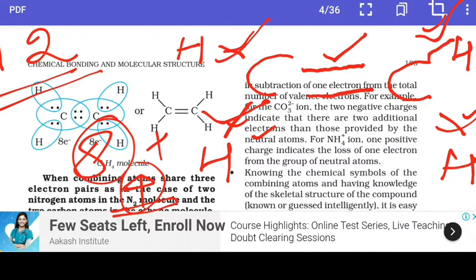There are 6 bonds, and each bond is formed by 2 electrons, so there will be 12 electrons. Now we can draw the simple Lewis dot structure of the C2H4 molecule.